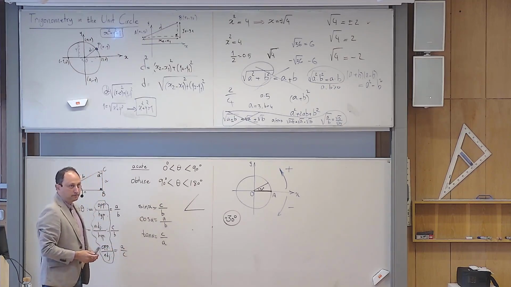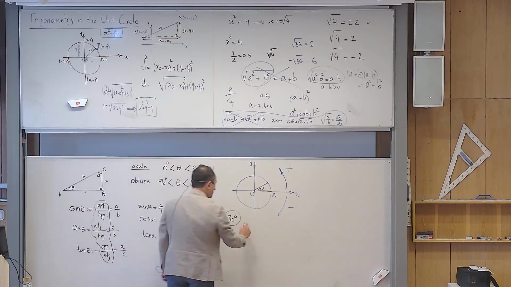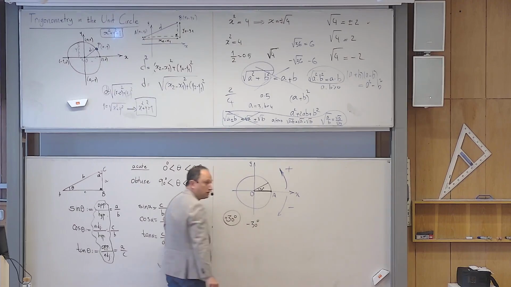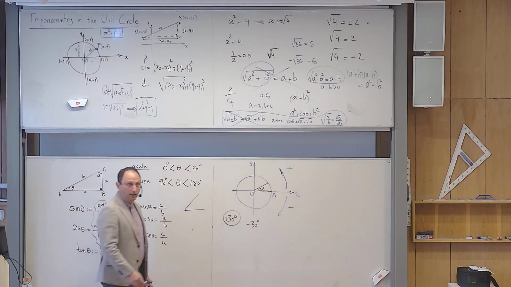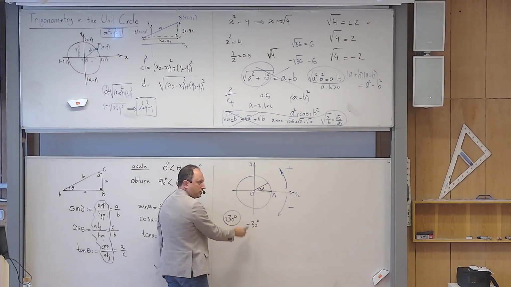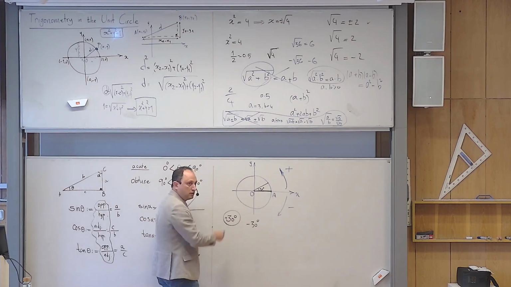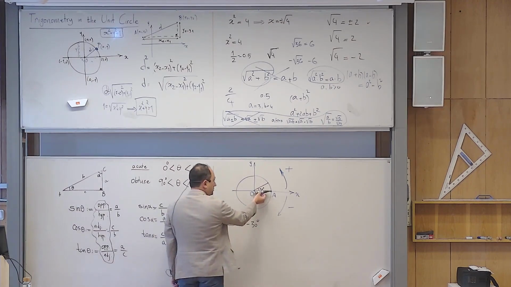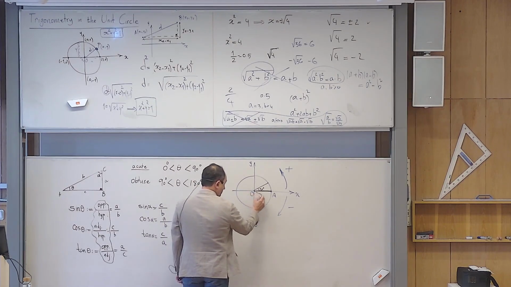Is that clear? I can ask you, show me minus 30 degrees. So then what do you do? Again, you start from here. And what do you do? You rotate again 30 degrees about O, but this time in the opposite direction. So if I start from here and rotate 30 degrees, I will end up here.